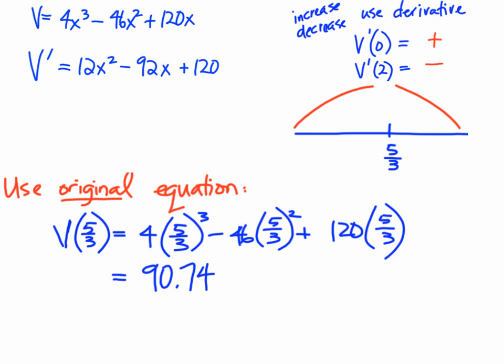If I sub in 2 into the derivative of 12x squared minus 92x plus 120, and I substitute 2 in for x, I see that I get a negative value. So 5/3 is my maximum point. So my maximum volume is 90.74, and it would be inches cubed.